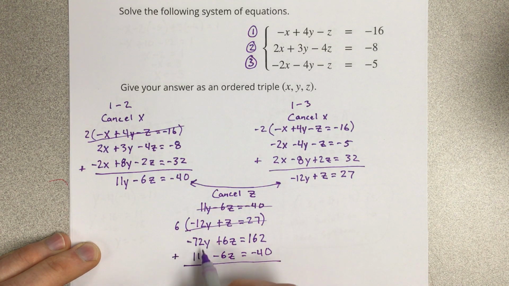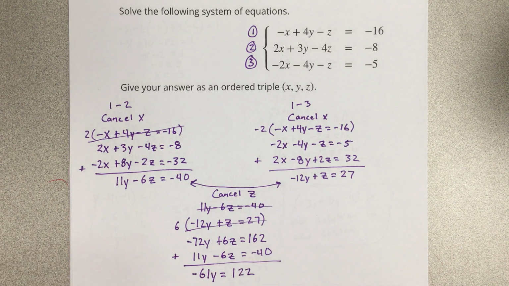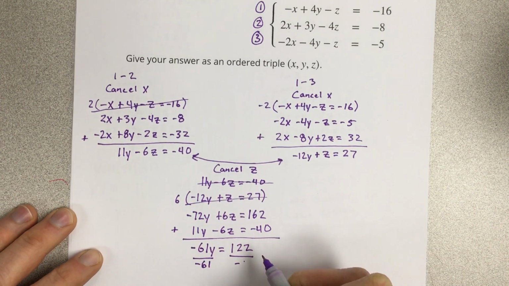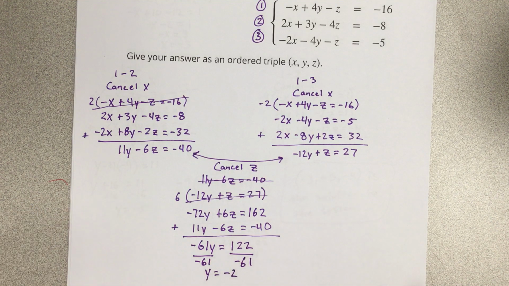Let's add it, and that's going to give you negative 72 plus 11 would be negative 61y equals, when we add those, we get 122. Now we're going to divide by negative 61 on each side. And we get y equals negative 2.